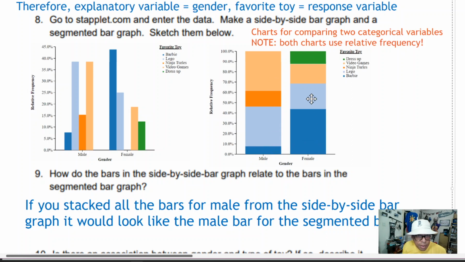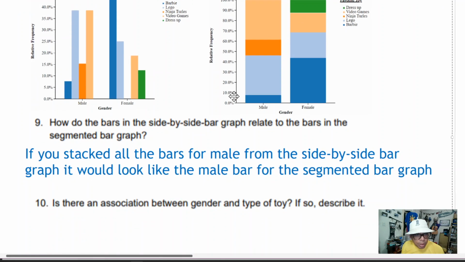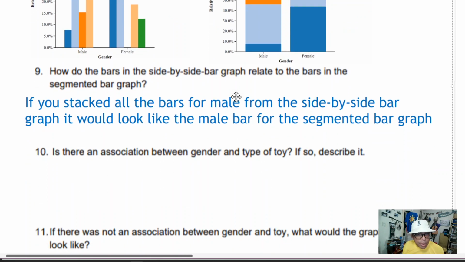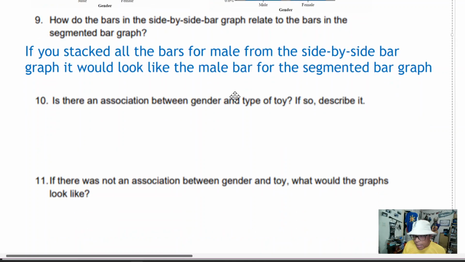The female segmented bar graph has a green section where the male bar graph doesn't. And also, while we're at it, the light orange, maybe it's tan, I don't know, but this light orange bar over here for males is much bigger than the light orange bar over here. So the two segmented bar graphs differ in very, very meaningful ways.